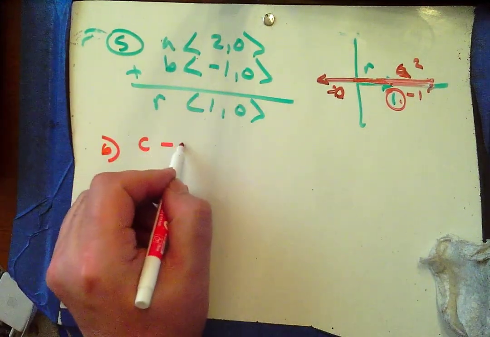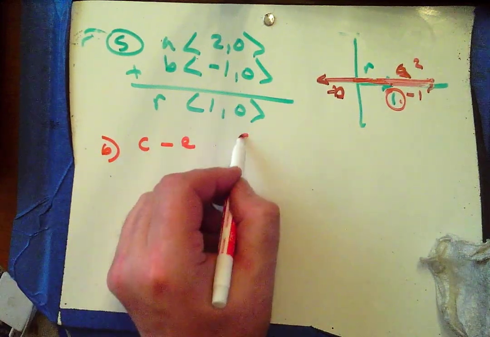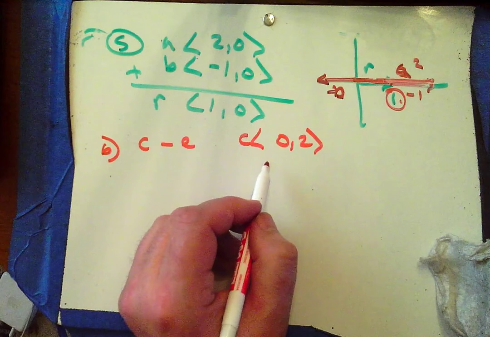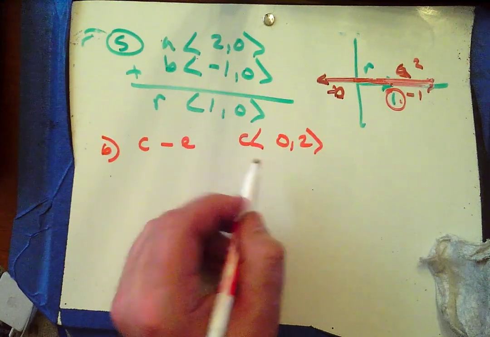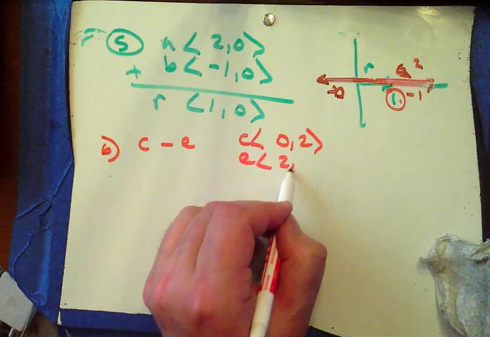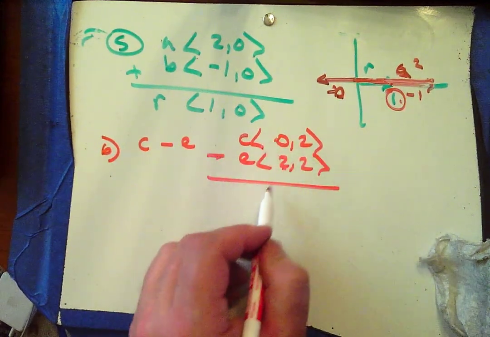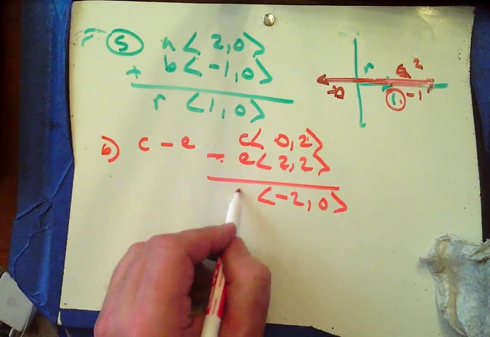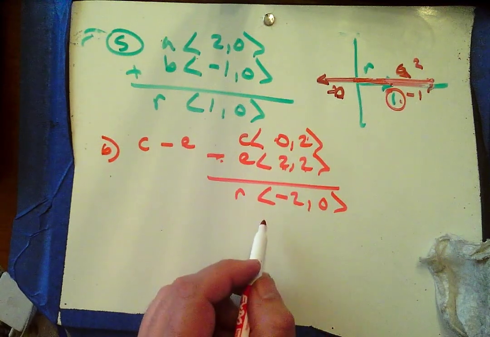6 says C minus E. Okay, C is the vector 0, 2, and E is the vector 2, 2. And we're subtracting. 0 minus 2 is -2, 2 minus 2 is 0, and here's my resultant vector, -2, 0.